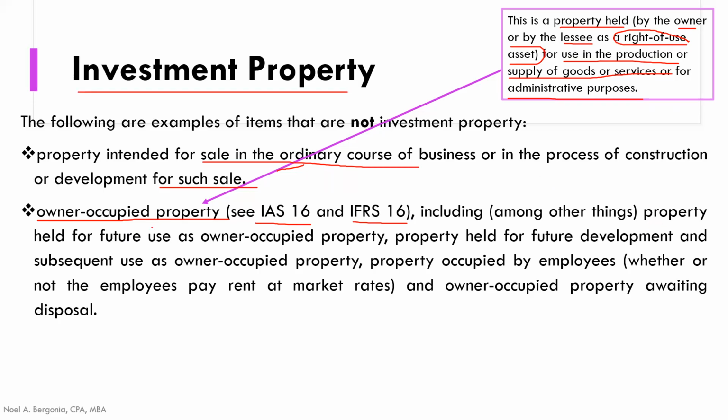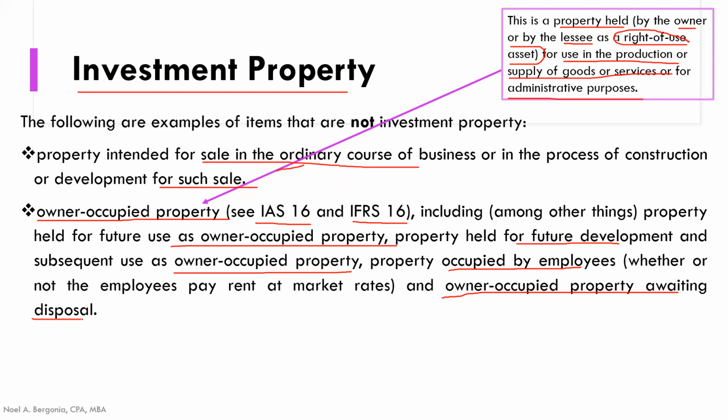So if we read this, future use na owner occupied, or properties that were held for future development but to be used as owner occupied, or occupied by employees, or occupied awaiting for disposal. So these owner-occupied properties are not part of earning for rentals.